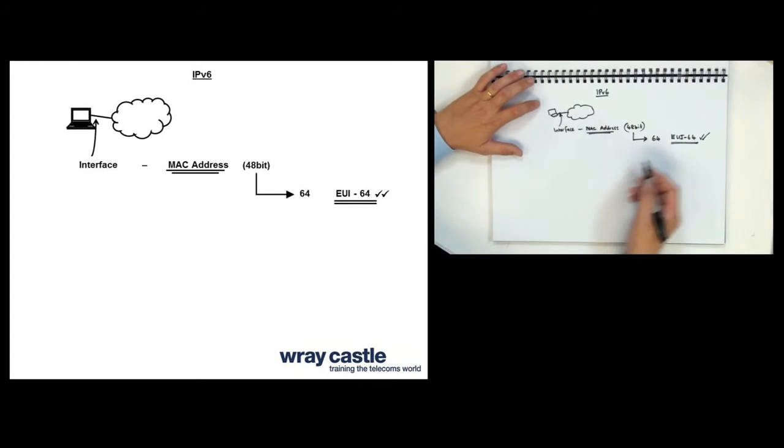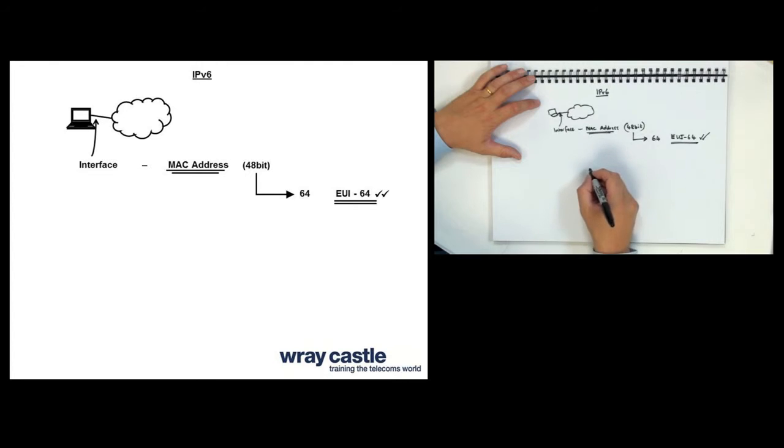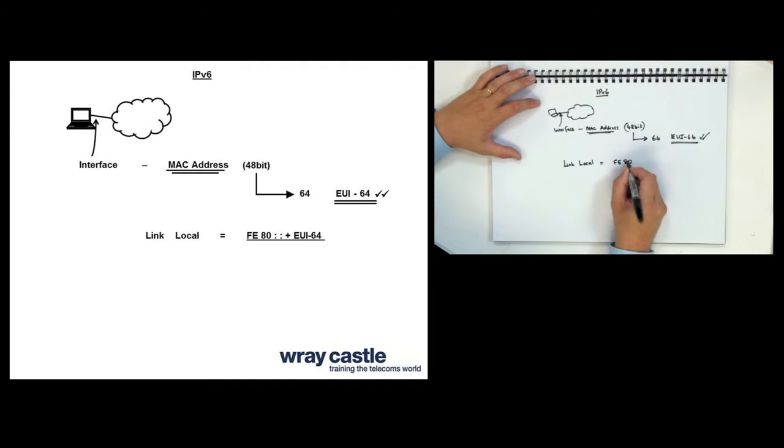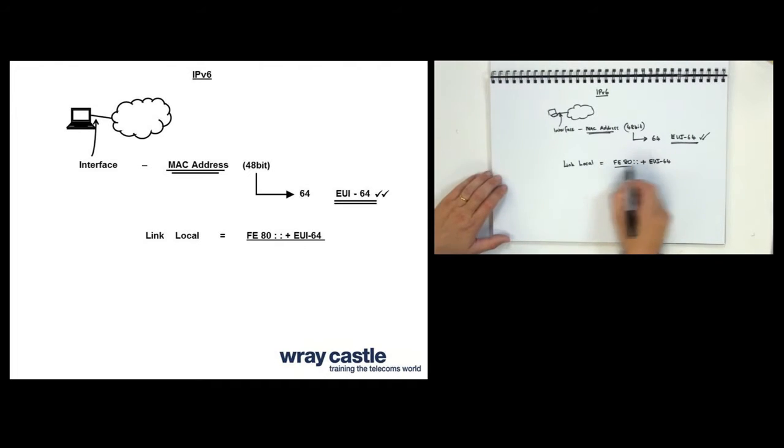So what the local host does is it takes what we know as the interface address, and it adds that to what's known as the link local prefix. And the link local prefix starts with FE80. And then we'll just add in that EUI64. And that should be unique then within that particular LAN.